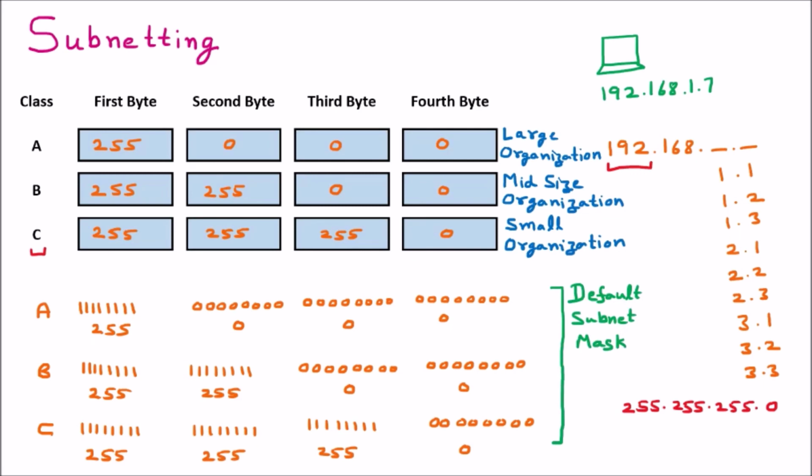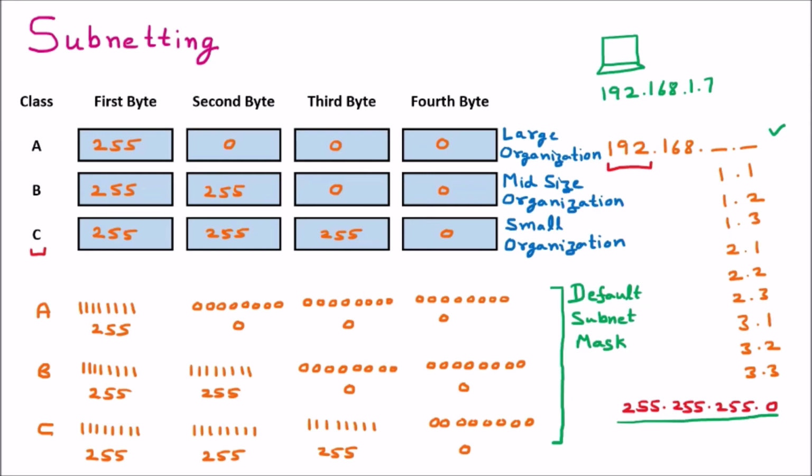Whenever we are dividing an IP into different small parts, we first have to check where that IP belongs, and based upon that we find out the subnet mask. So in the example we have seen, 255.255.255.0 is the default subnet mask whenever we are dividing the IP. This is the IP of class C, that's why this is the default subnet mask.